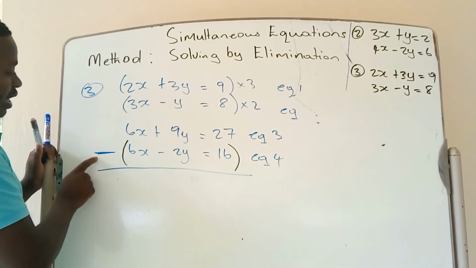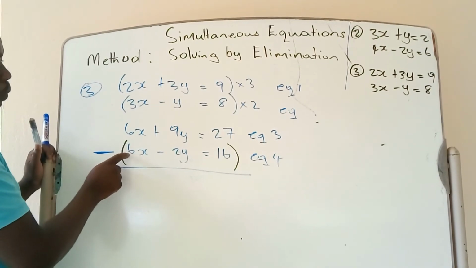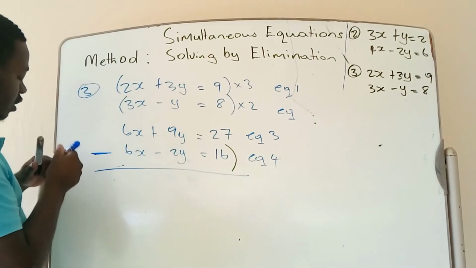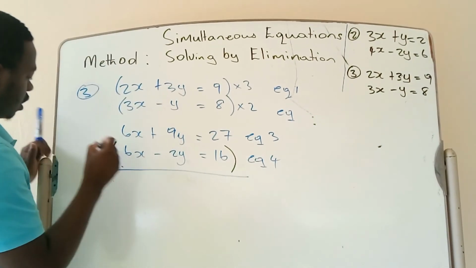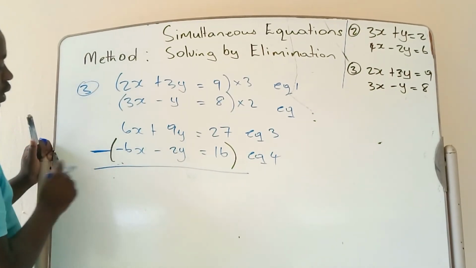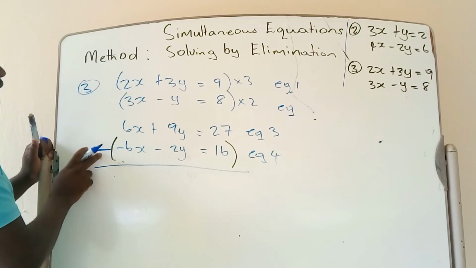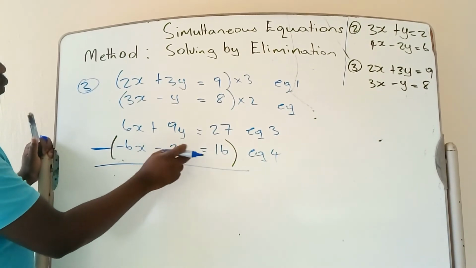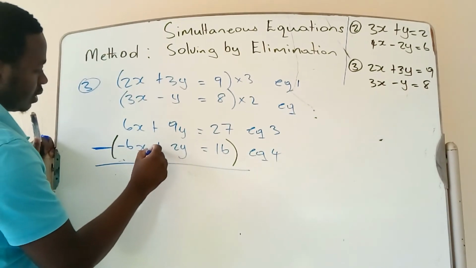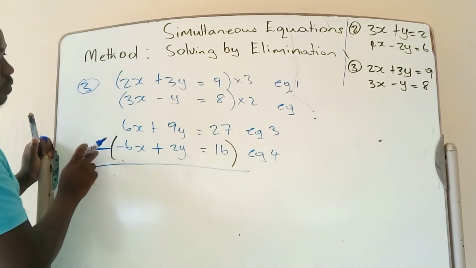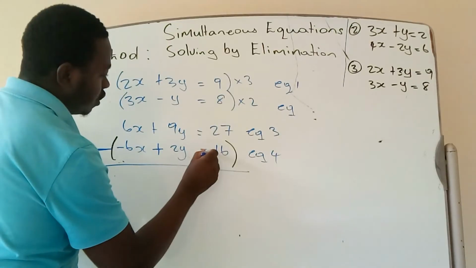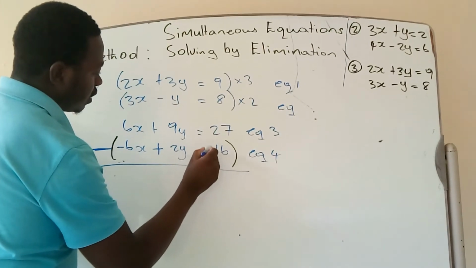So minus times a positive 6, that's going to be minus 6 here. This minus sign times this negative 2y is going to turn it to plus 2y. And this minus sign times this positive 16 is going to make it minus 16.